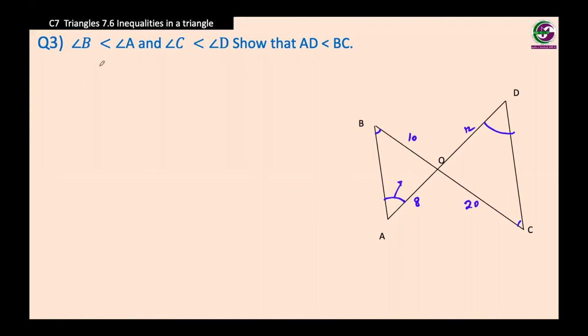So let's take it one by one. Angle B is less than angle A will give us BO is greater than AO. Why? Because sides opposite to larger angles are longer.